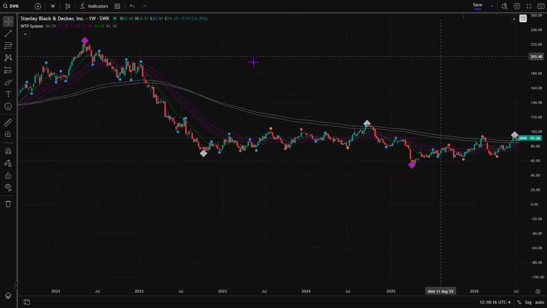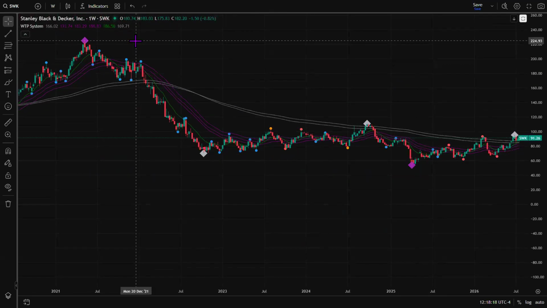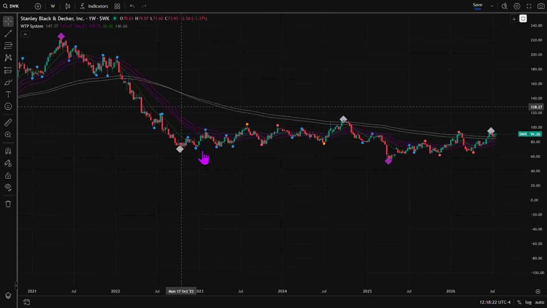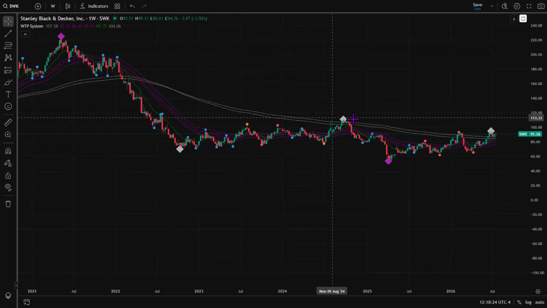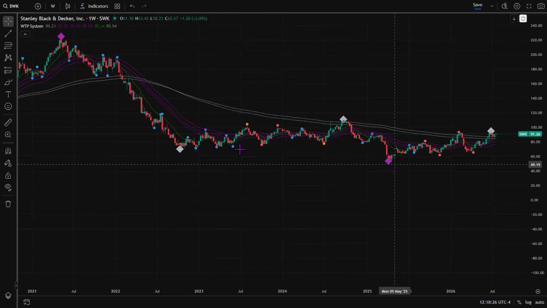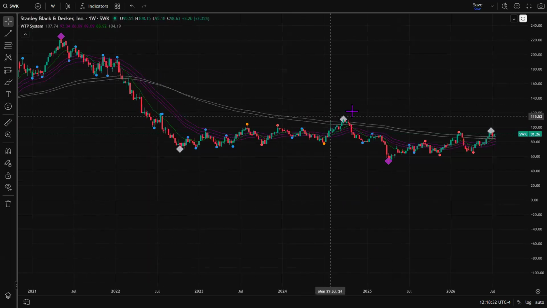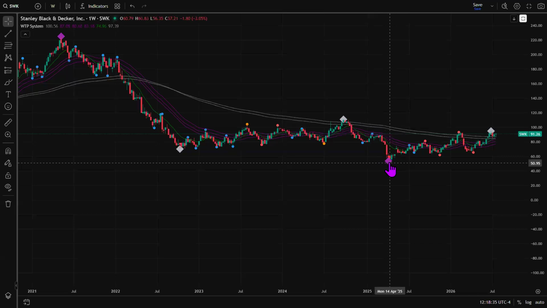We've come down from almost $225. We have a Royal, Noble, and then a Royal. This is one of our trades, by the way. When we have a Royal, Noble, we typically look for a lower Royal, which we got.